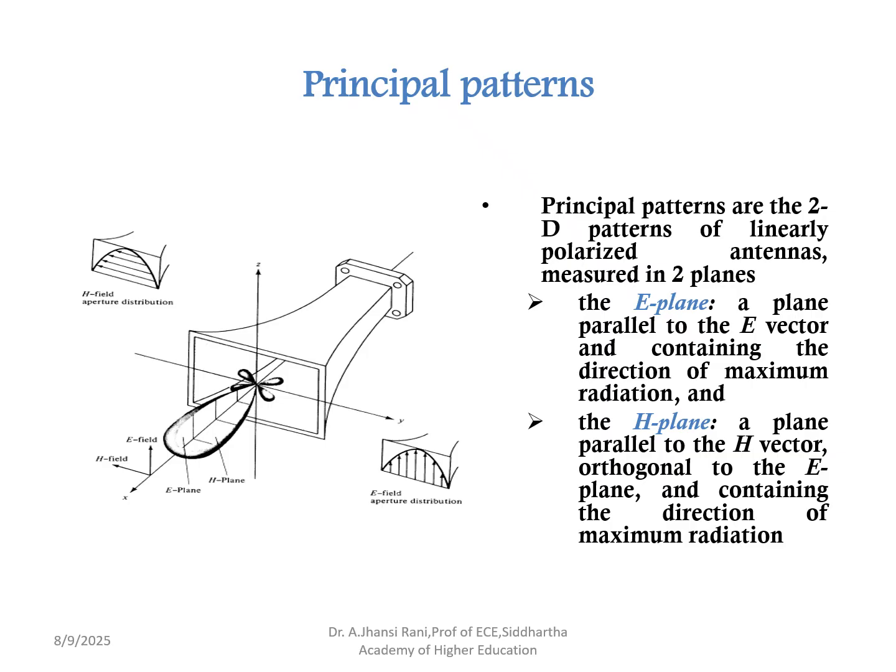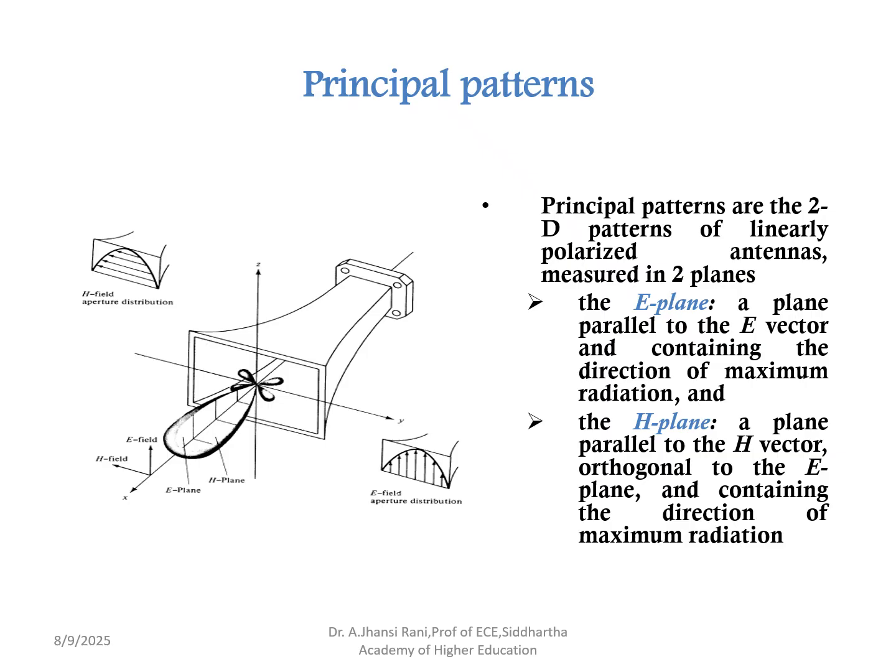This is the 2D pattern of linearly polarized antennas. The E plane is parallel to the electric vector, containing the direction of the maximum radiation. The direction in which you have the maximum is the E plane. The H plane vector is orthogonal to the E plane. E and H are always orthogonal to each other.